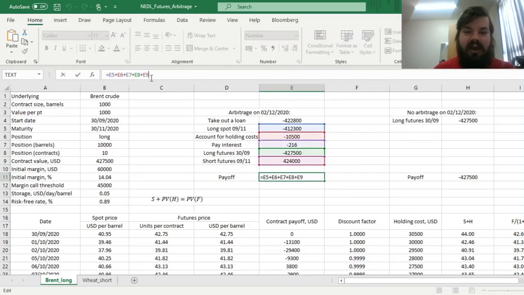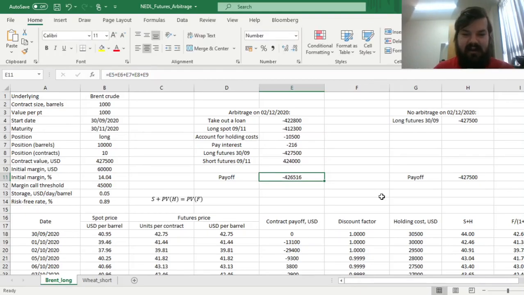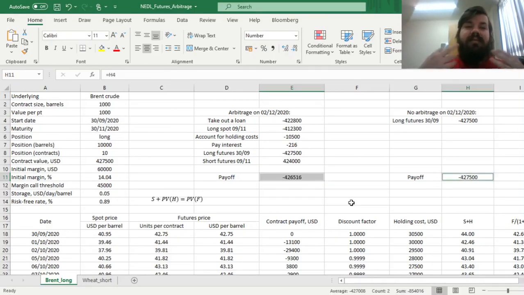And here we can just sum up all of the payoffs and arrive at $426,516 that we would have needed to pay to guarantee 10,000 barrels of oil at the end of the period. And if we compare it to the payoff of the initial strategy, just long in the futures as of 30th of September, we can see that such a payoff would be smaller.